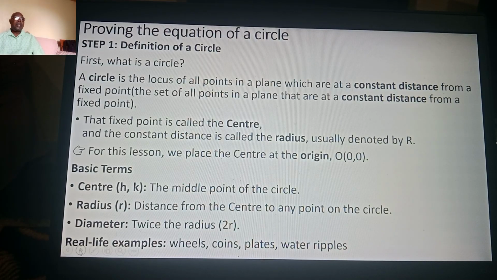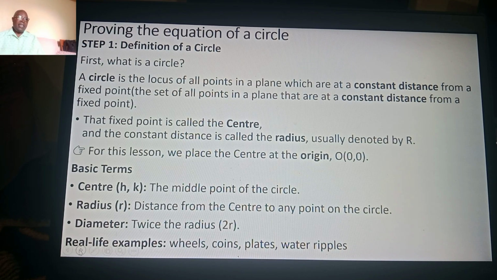That fixed point is called the center, and the constant distance is called the radius, usually denoted by r. For this reason, we place the center at the origin O (0, 0). Basic terms.